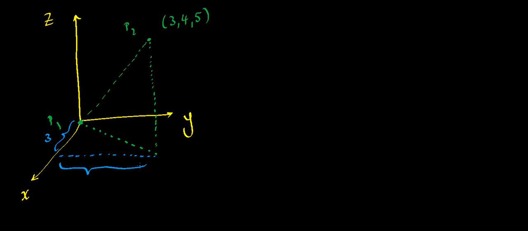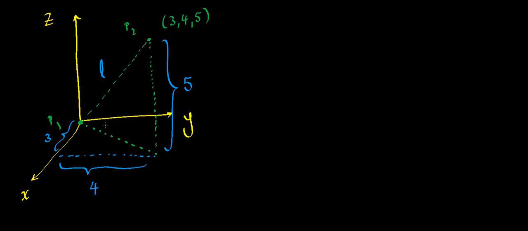And then we move 5 units in the positive z direction. Then we reach the point. The distance we're interested in is, let's call it L, between these 2 points. And to find L, we're going to use Pythagoras theorem twice.